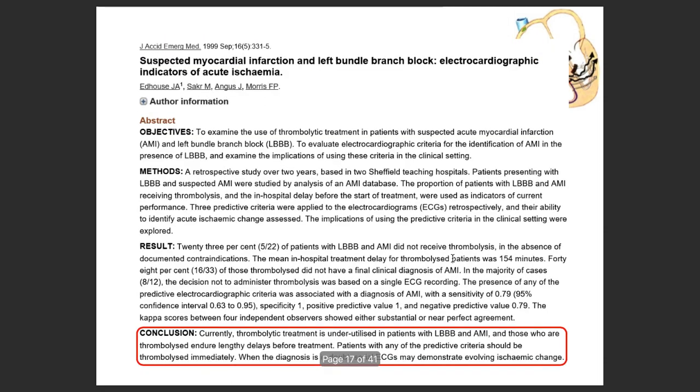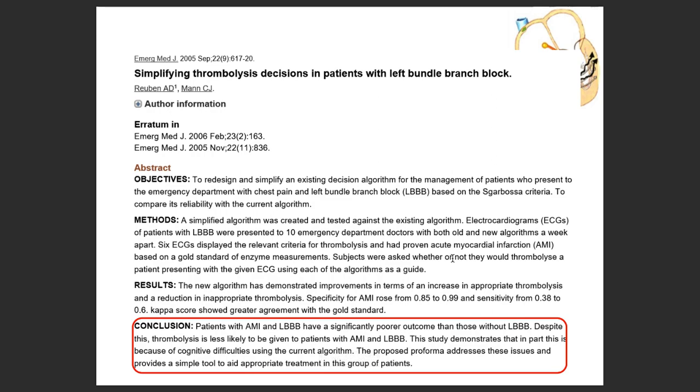This is one of the first papers which tried to look at left bundle branch blocks with myocardial infarction, and they found that the therapy to help those patients had not been given. So we all need to be aware of this entity, to be able to help those patients, so that we are doing justice to them.